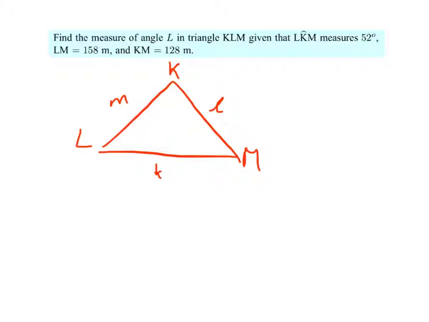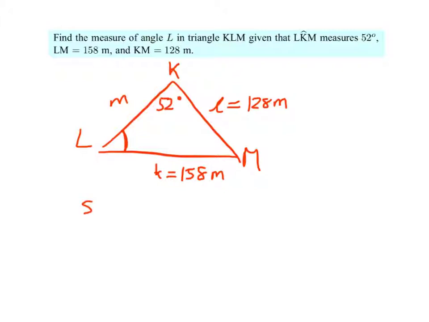And now let's fill in the information that we know. We know this angle is 52 degrees. We know side LM, which is really side K, equals 158 meters. And we know side KM, which is really side L, is 128 meters. And we're asked to find angle L.